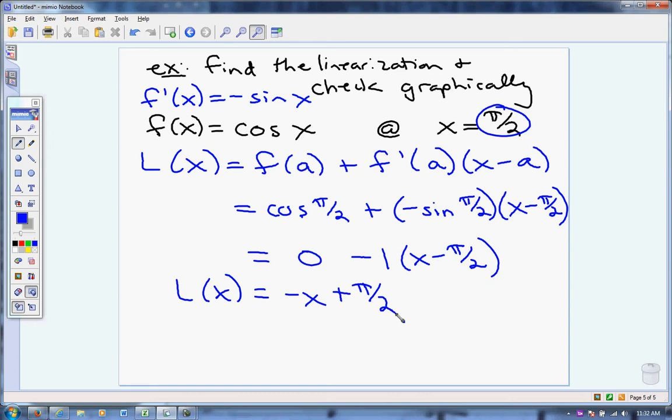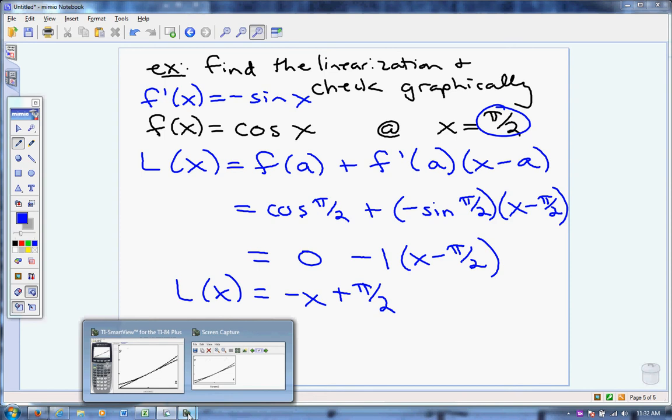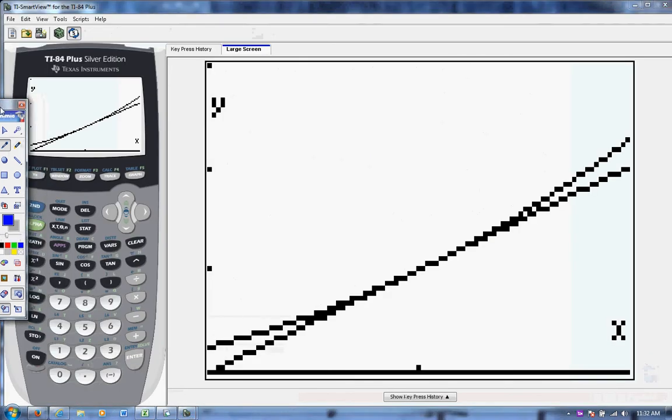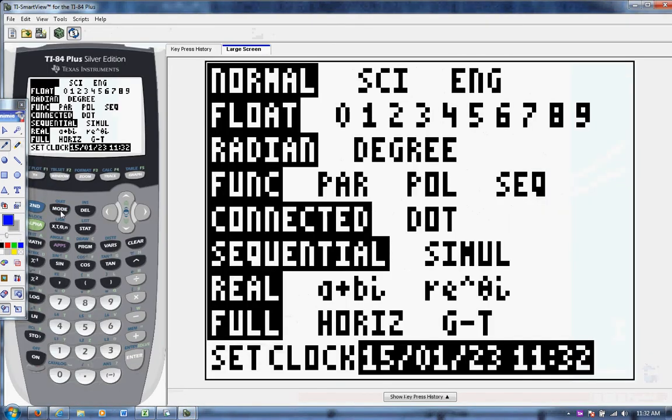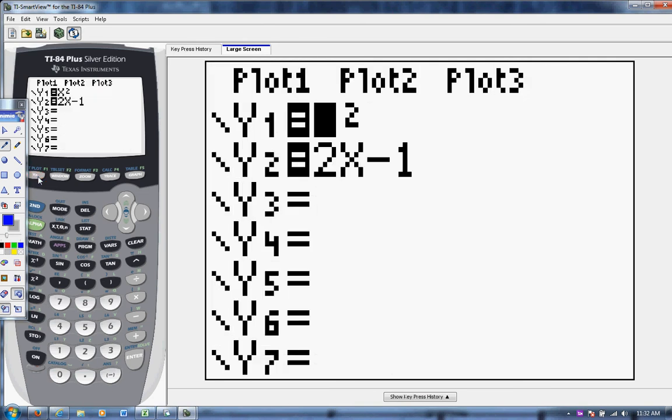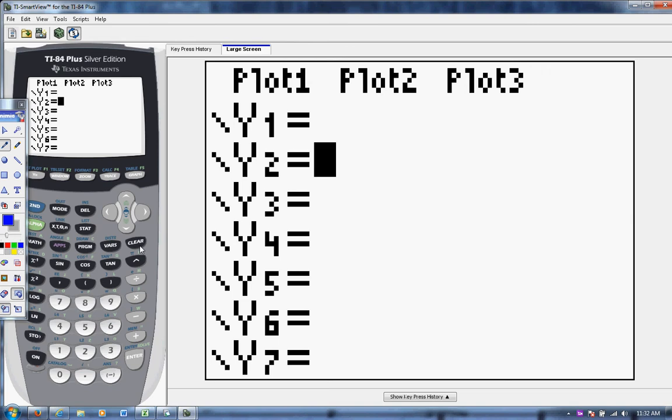Now we're told to check this graphically. So let's go to the graphing calculator and see if this is a good linearization. First, make sure you're in radian mode. And I am, because we're graphing a trig function. Clear out our other things here. We were working with the cosine of x, so I will first graph the cosine of x.